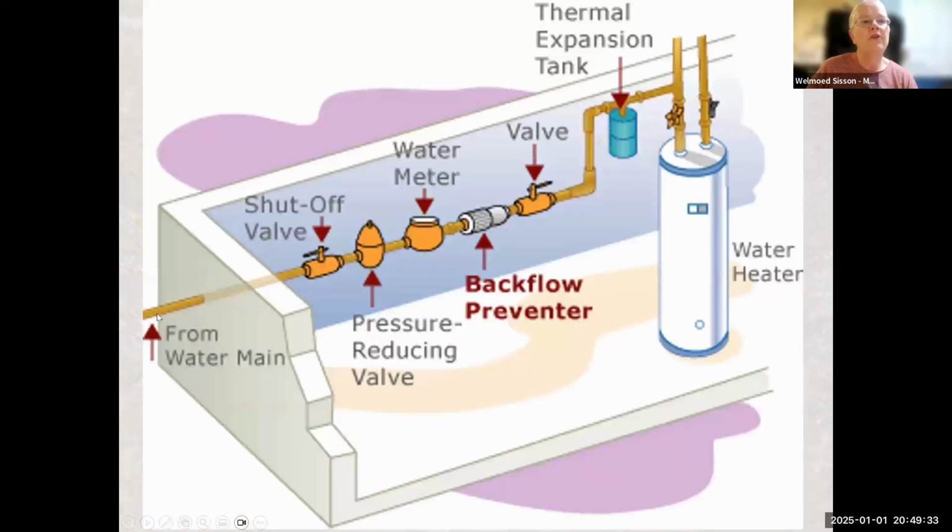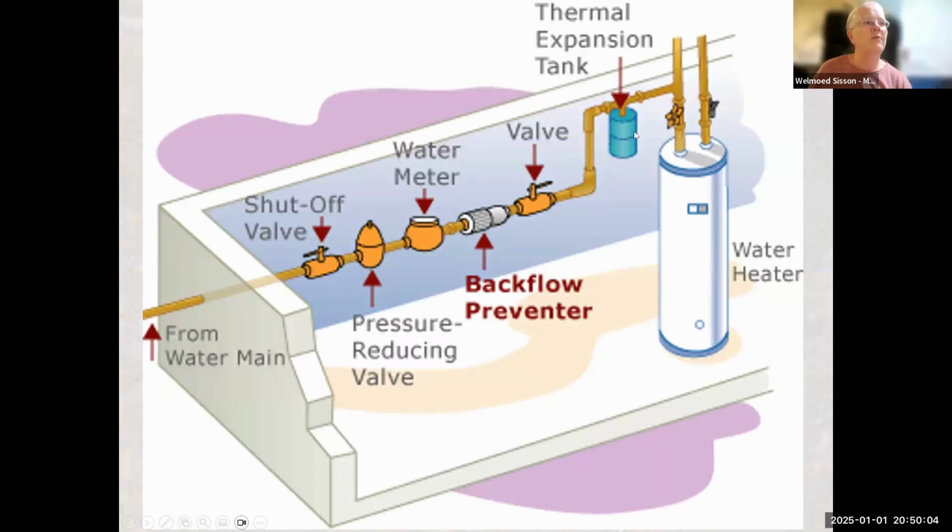So when the water comes in from the water main, there should be a couple of shutoff valves to isolate the various equipment at the beginning. You've got the pressure reducing valve. Now, you may or may not have that. Not all systems will have it, although it's become more common. It's one of those better have it and not need it than need it and not have it. Water meters can be either inside or outside. Backflow preventers, again, you may or may not have, depending on the system.